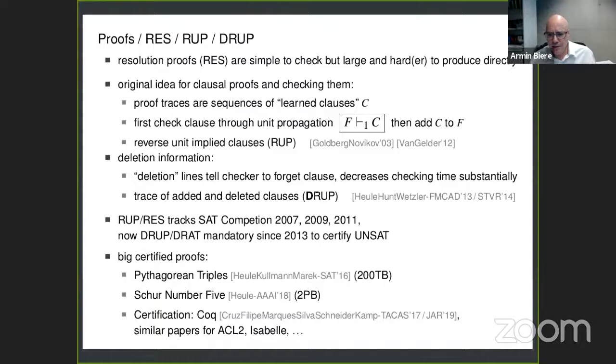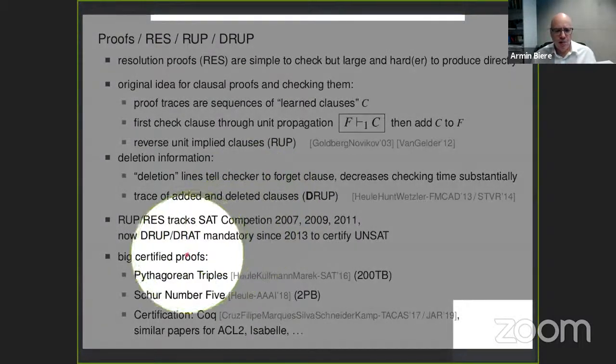And the checker should actually know about that. Then it can be way faster. And that's why the idea was to put into the proof the time at which a certain previously learned clause is not used anymore. And that's now kind of the de facto standard in the SAT competition.